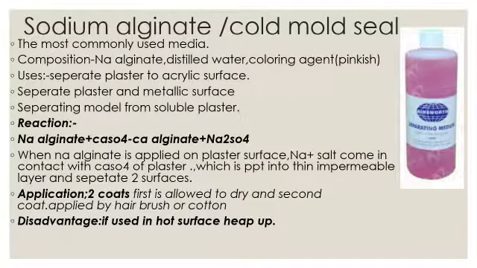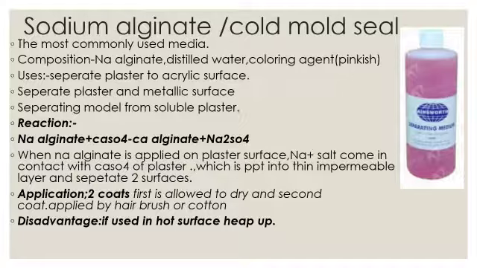And coming to sodium alginate or cold mold seal, this is a solution separating medium. This picture shows the sodium alginate or cold mold seal. The most commonly used medium is sodium alginate, that is cold mold seal.